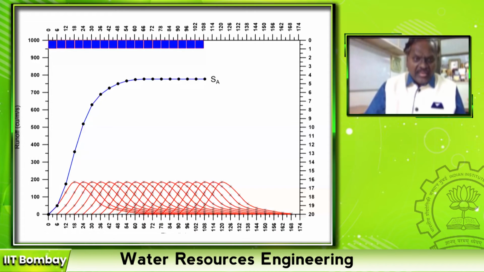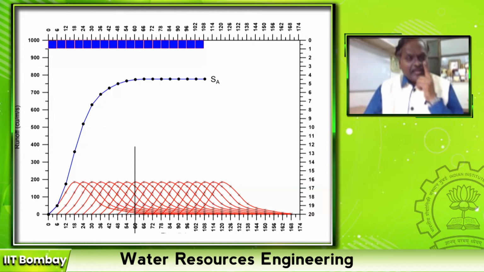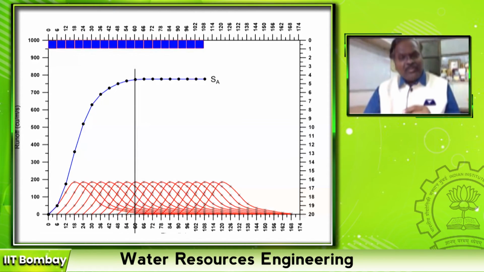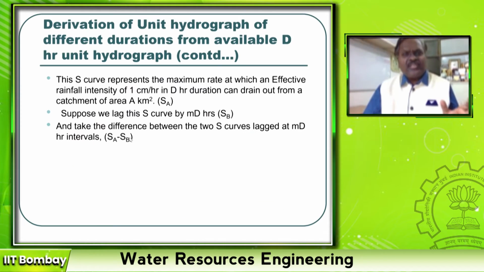Now I lag this summation curve by the fraction required, right? And I have to find the time period at which my discharge becomes constant. So this S curve represents the maximum rate at which an effective rainfall intensity of 1 centimeter per hour in D-hour duration can drain out from a catchment.